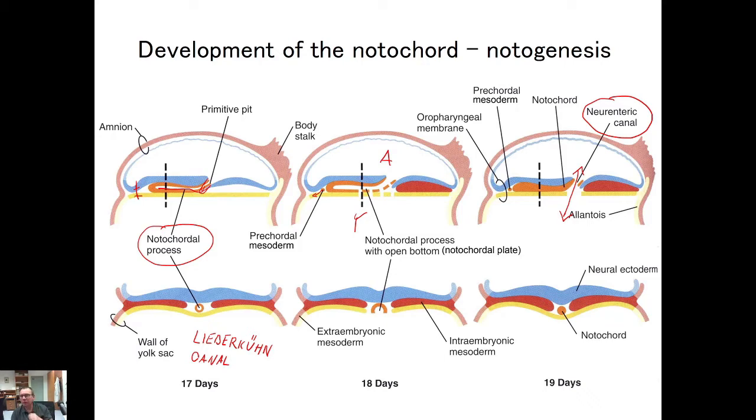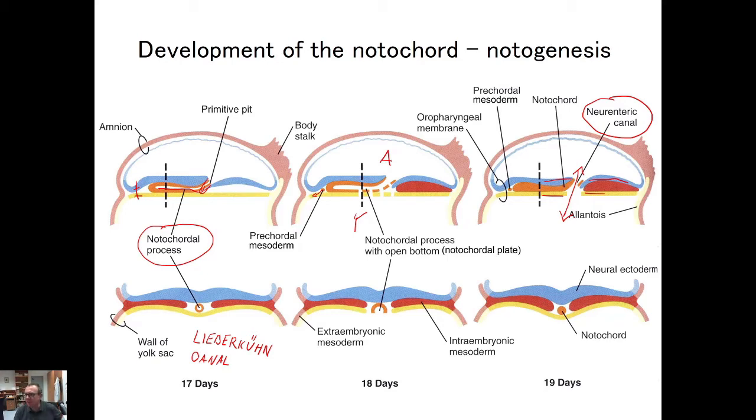The neuroenteric canal is called so because it is connecting the area of future nerve tissue and future enteron, that means gut. Gut is developing from the endoderm, from this roof of the yolk sac. Nerve tissue, brain and spinal cord are developing from the ectoderm here. So logically it is connecting future spinal cord and future intestine, future gut.